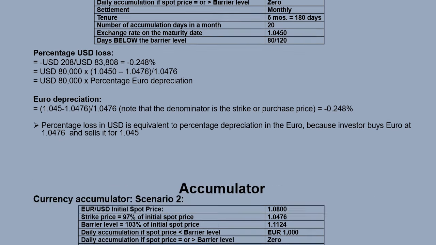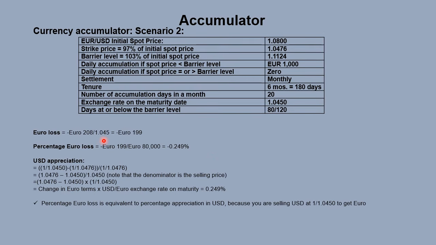In euro terms, the loss is minus euro 208 divided by 1.045, which is the spot rate at maturity, which comes to euro 199. In percentage terms, the loss is minus euro 199 divided by euro 80,000, which is minus 0.249%. This is because the appreciation of the US dollar is 1 divided by 1.045 minus 1 divided by 1.0476 divided by 1 divided by 1.0476.